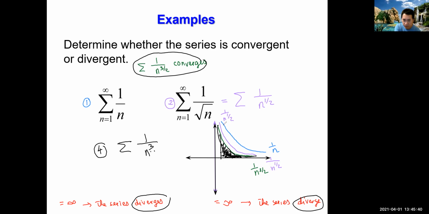If you have any power p less than 1, like a half or a third, then your graph will lie above, and so it will diverge. If you have the power p of 3/2 or 3 or 4, the graph will lie below this purple, and so the series will converge.